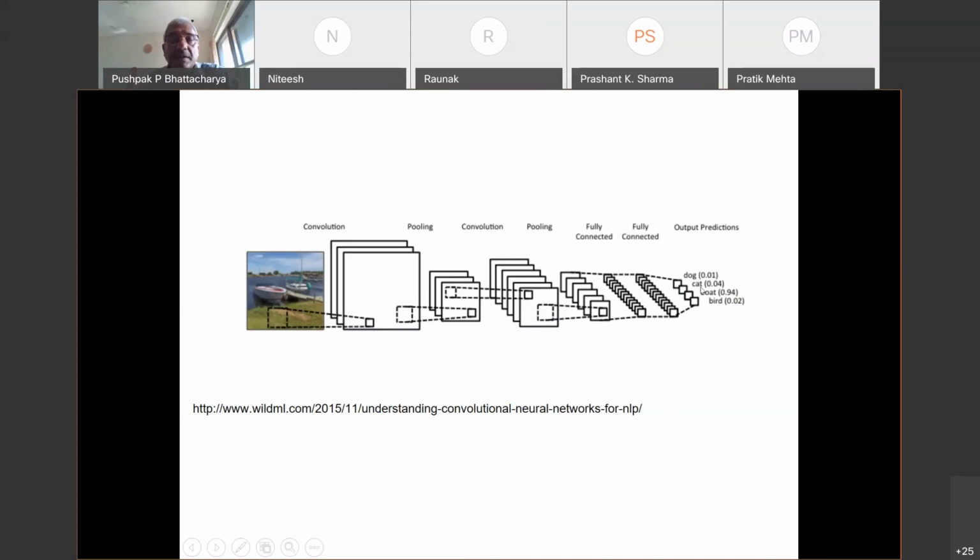We obtain class decision on the categories based on probability values. Okay, and you can see here fully connected networks. The final output prediction is by means of probability.